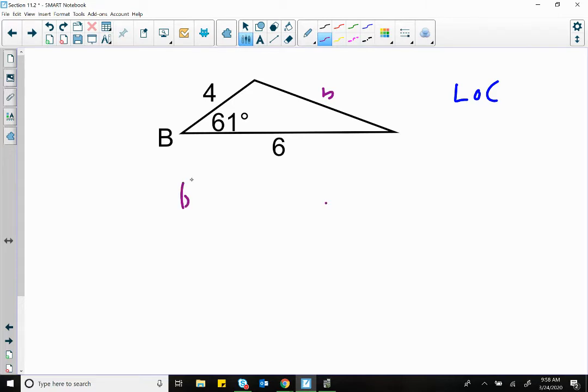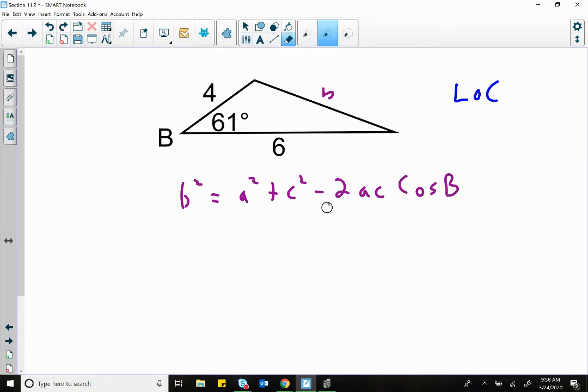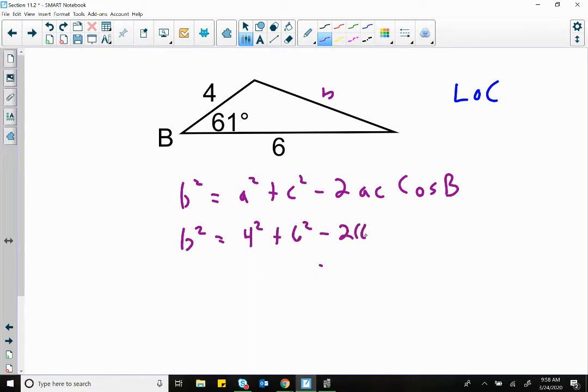Okay, so we're going to use b squared equals a squared plus c squared minus 2ac cosine big B. Okay, so we fill in b squared equals 4 squared plus 6 squared minus 2 times 6 times 4, or 4 times 6, and then cosine 61 degrees.